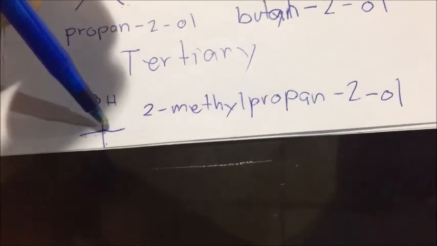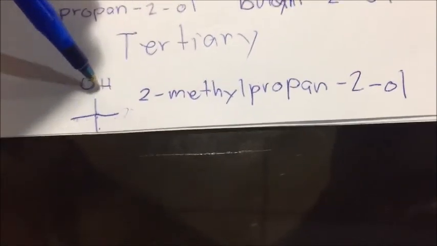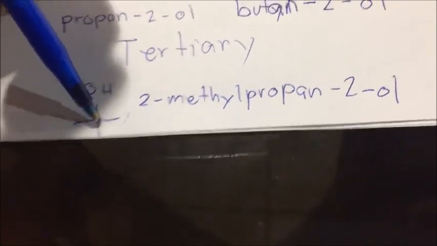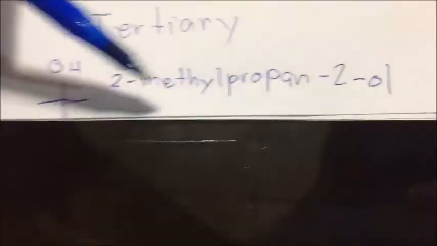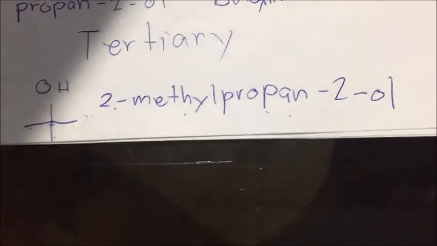This OH group, which is our main group that we're studying right now, and this methyl group right here. This methyl group is connected to the second carbon atom. This OH group is also connected to the second carbon atom. But since we usually name this OH group at the end, at the root, we'll just name the 2-methyl in front. So, since it's the second carbon atom, it would be 2-methylpropan-2-ol.